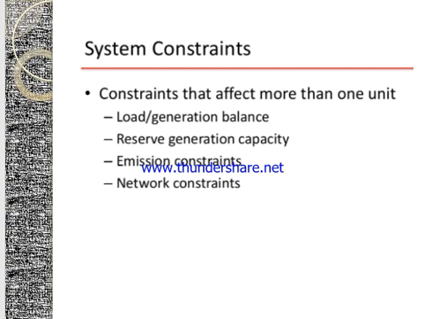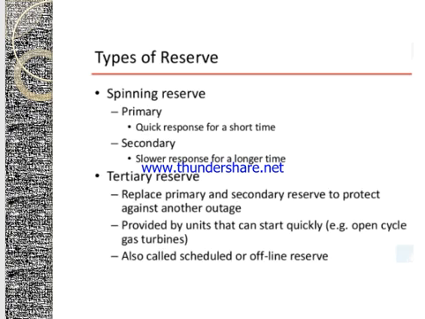The next is the system constraints. So what are the system constraints? The constraints that affect more than one unit are the load or generation balance, reserve generation capacity, emission constraints, network constraints, etc. Regarding the types of reserve, there may be spinning reserve, which will be primary or secondary.